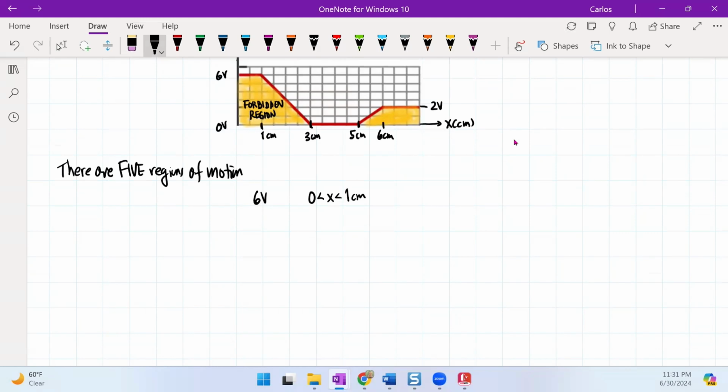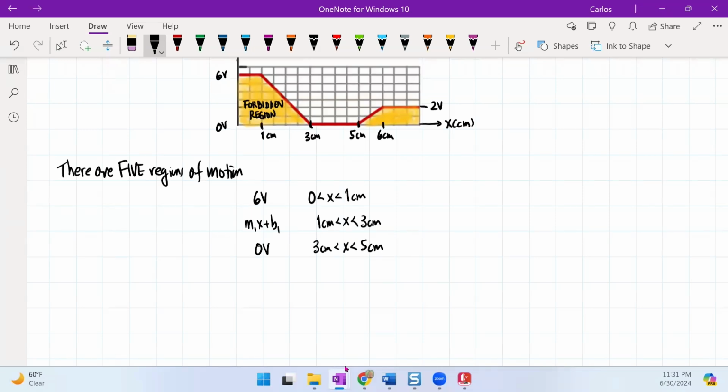Now, if I look at the first curve from 1 to 3 here, note that that's a linear line. In other words, it's going to have a slope and an intercept that we'll have to calculate. So this is between 1 centimeter and 3 centimeters. Then we have a flat spot. That flat spot is the reason why I wanted to change it. That's between 3 centimeters and 5 centimeters.